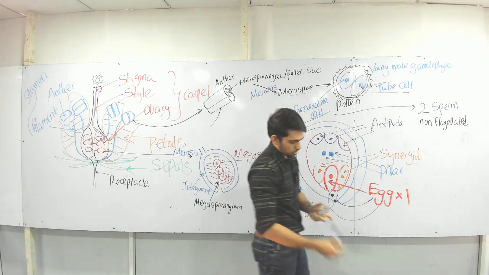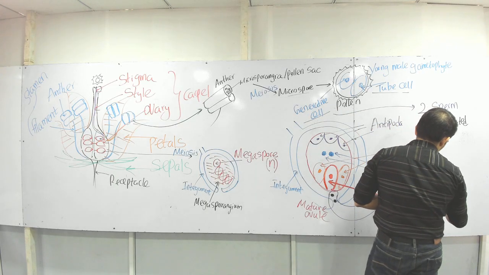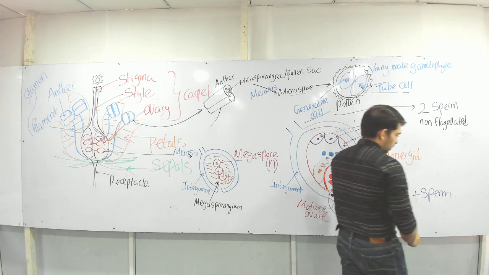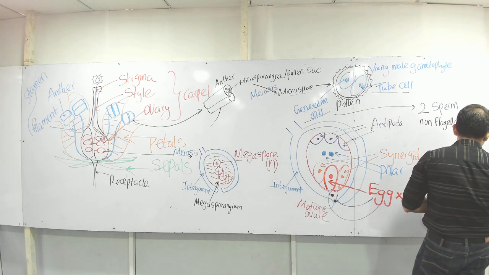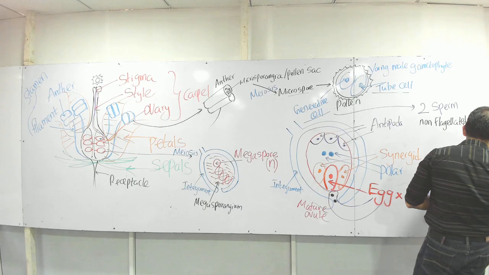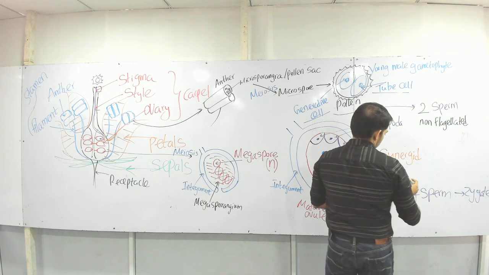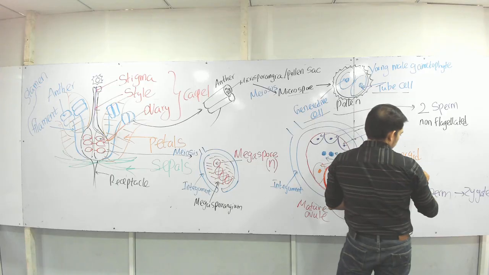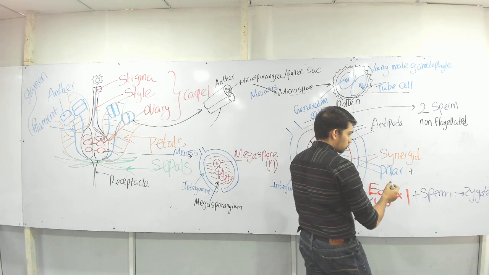One of the sperms is going to combine with this one egg and produce what? Zygote, which is normal. One of the sperms is going to combine with one of these polar cells. Sorry, polar nuclei, yeah?